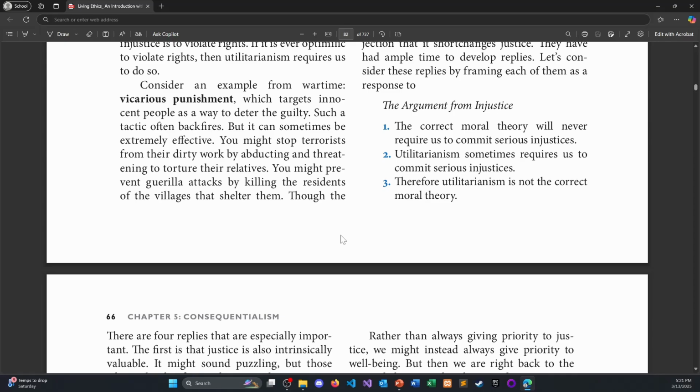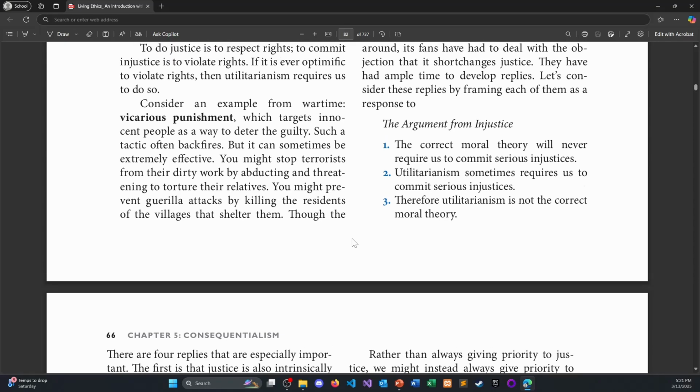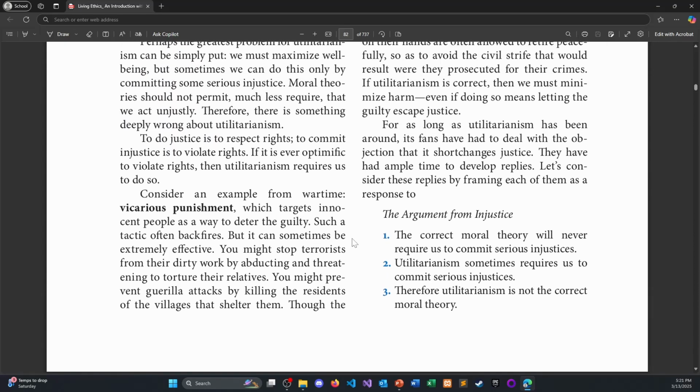So we could go through the book memorizing the arguments and memorizing the replies, though I think that would probably be the less effective way of doing it. The more effective way of doing it would be to start off with conclusions on the topics. So we can generate a conclusion. Maybe we want to argue for utilitarianism. Maybe we want to argue against utilitarianism.